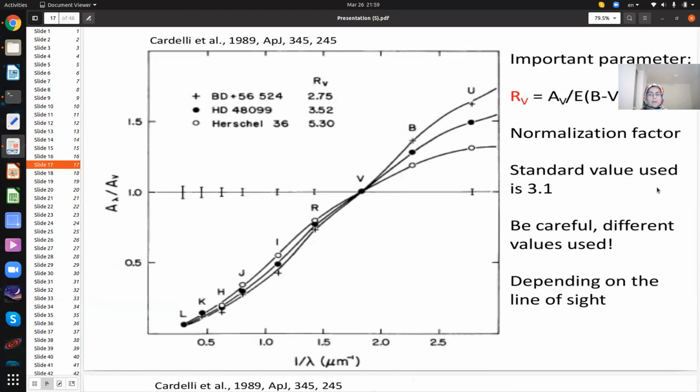Here we have different ways of observation: ultraviolet, blue, visual, red, infrared, and so on. And you see that in ultraviolet we have more dust.